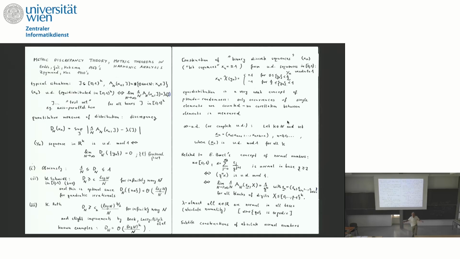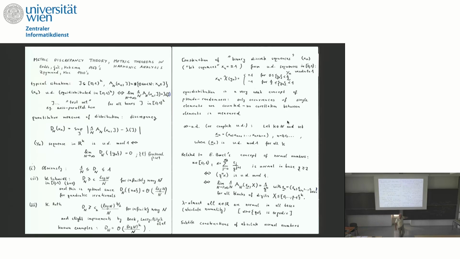Yes, you can look at the number, say, 0.123456789101112, and so on, writing all the positive integers one after the other, and by simple counting arguments, you can show that this is a normal number in base 10. Similar constructions work for other bases.